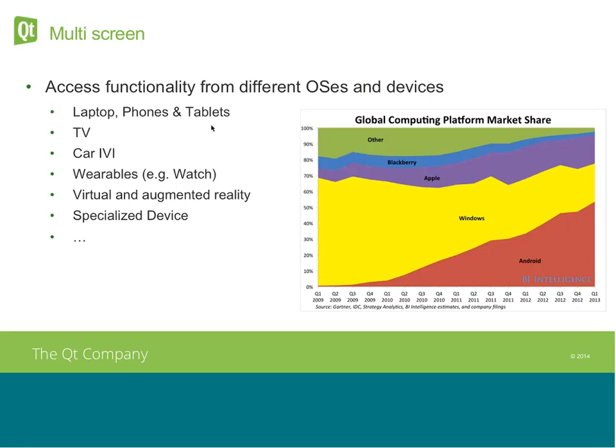Companies that have been traditionally working on the desktop are looking now at how to bring their applications to tablets, to mobile phones, and also to other devices. We're also seeing a lot of interest where people now look at what do we do with TVs, with cars, IVI.